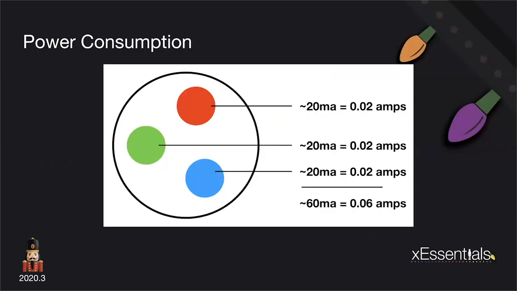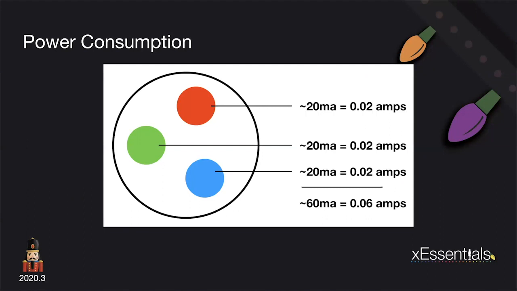A little bit about power consumption. This used to be true for most of the strings that we got, and it's really not anymore, or not necessarily anymore. I've seen people that have half the current draw of this, but it used to be that we could say 1 LED pulls about 20 milliamps of current. So if you have all 3 of them on, that would be about 60 milliamps.